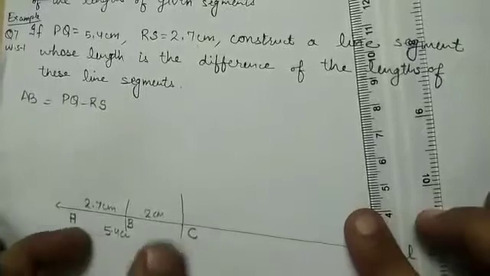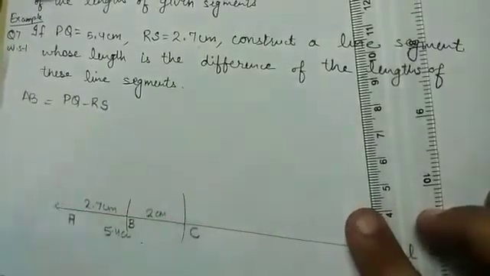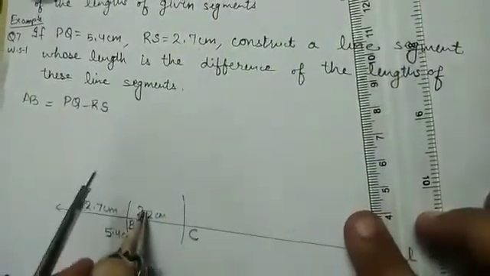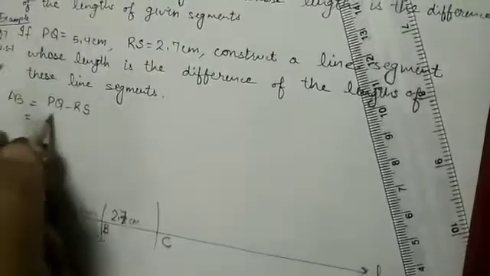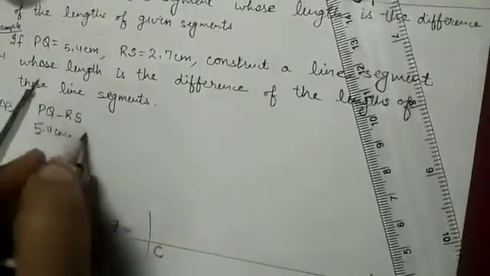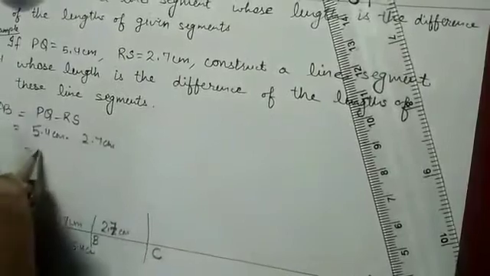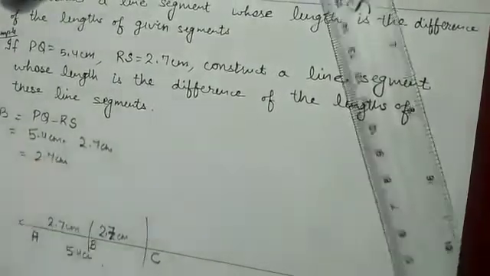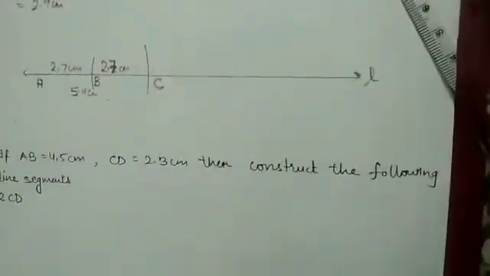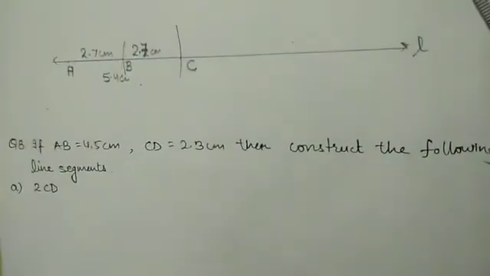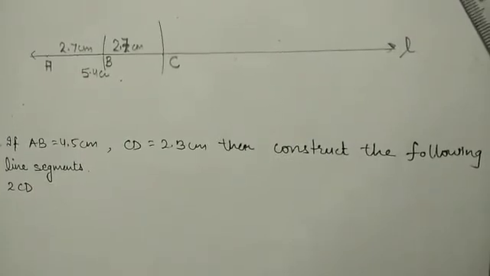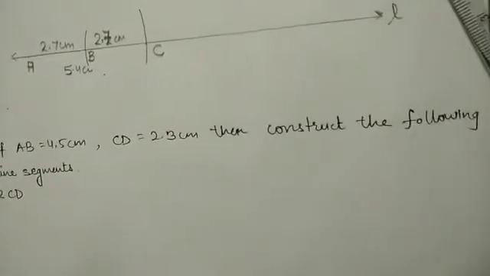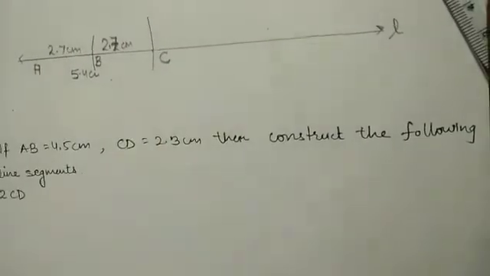I did for 5.4, then 2.7, and the remaining segment obtained is 2.7 centimeter. So AB will be equal to 5.4 minus 2.7 equals 2.7 centimeter. Now our next question: if AB is 4.5, CD is 2.3, we are to construct the following line segments.